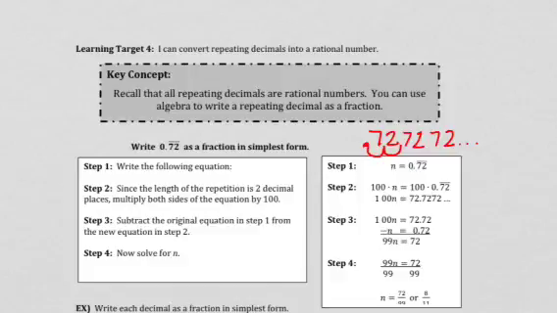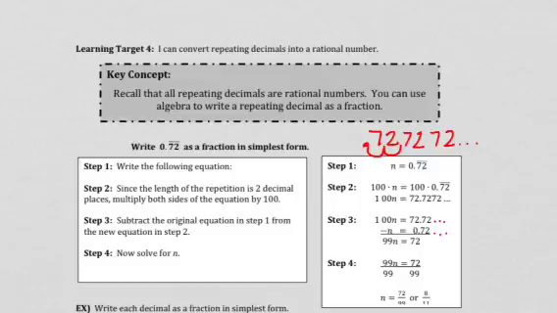Alright, step 3 is to subtract the original equation, this one right here, from our new one here. So we have the new one, which is 100n equals 72.72, and we're missing a couple things, so please add these in with me. You should have 3 dots after that, and you should have 3 dots after that.